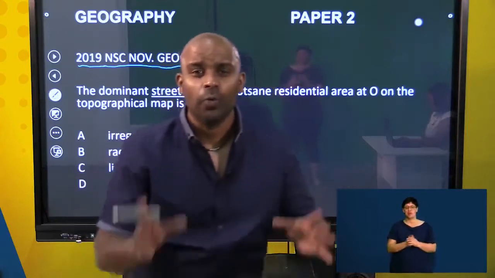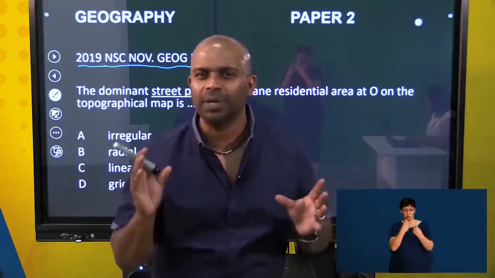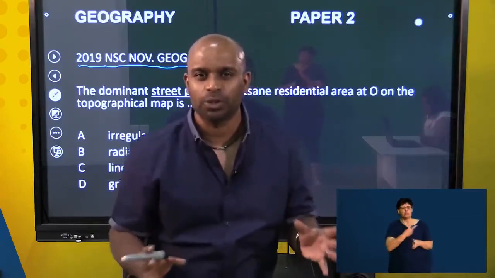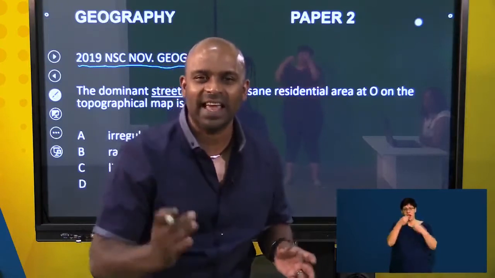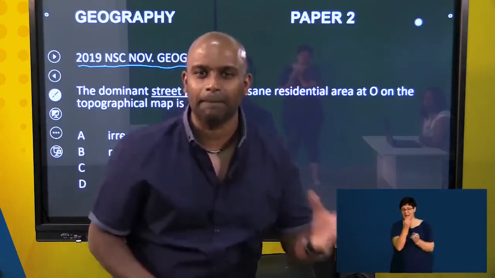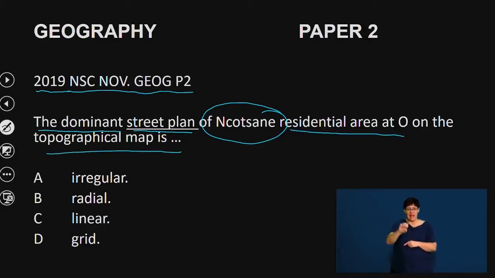Right, so moving on, we're looking at multiple choice questions. What should you be looking for in terms of the multiple choice question? I'm going to do a breakdown for you of understanding that multiple choice question better. So, this is an example of a typical multiple choice question. Note this sentence: The dominant street plan of Nkotsane residential area at O on the topographical map is, and it ends with an ellipsis.